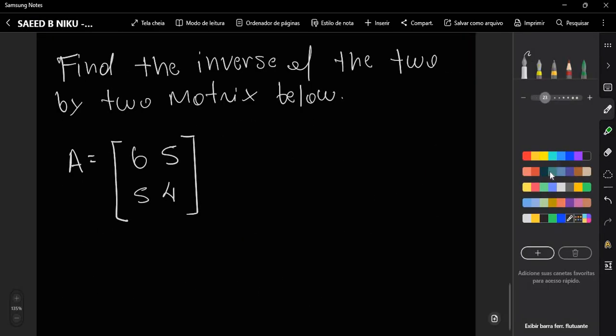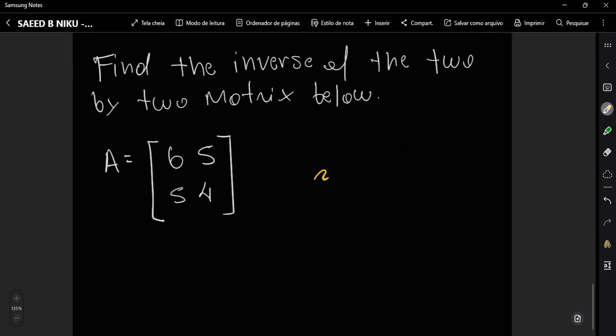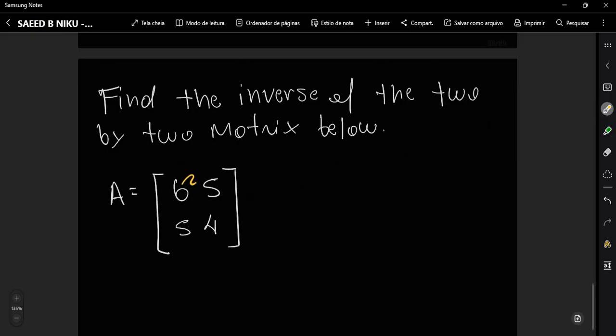To better visualize, I will put the letters as indicators.